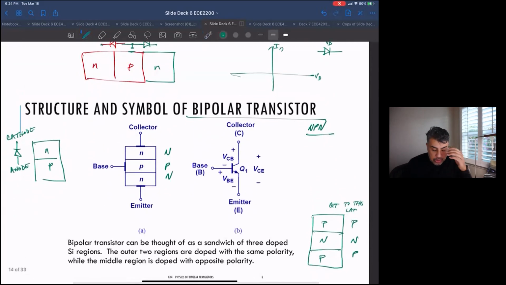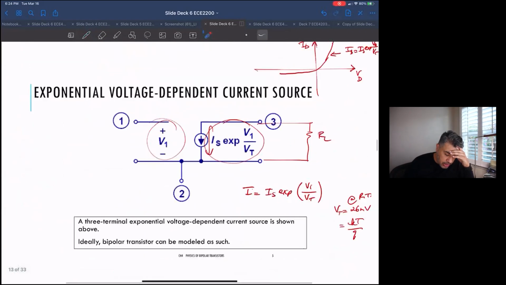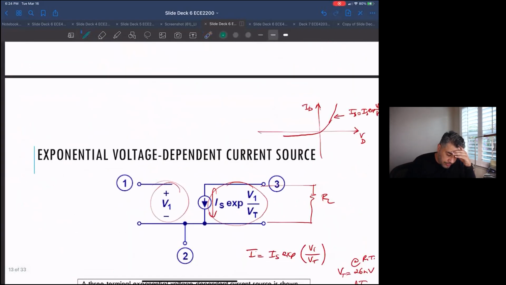But in a bipolar transistor, because we have three terminals, we have three voltages. We have the base to emitter voltage. Okay, so in this circuit, this base to emitter voltage would look like, so this is base, emitter.